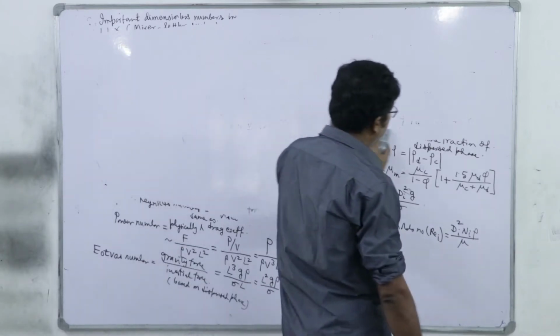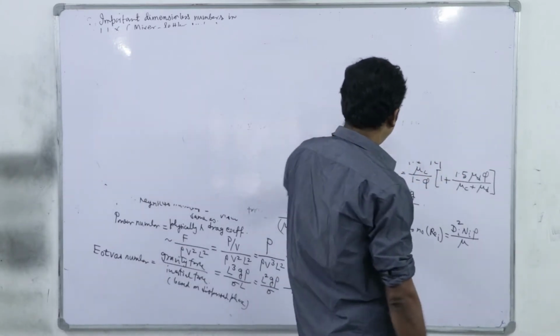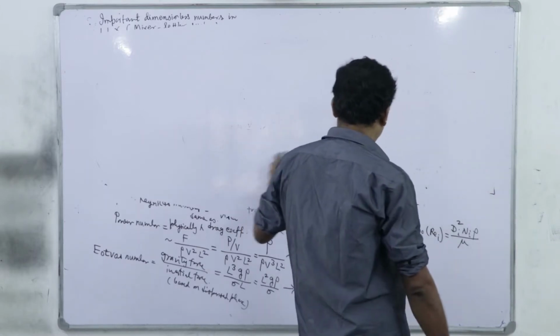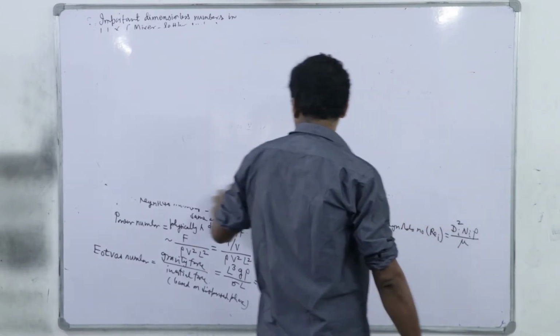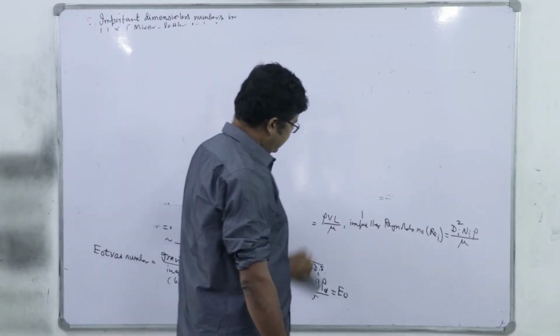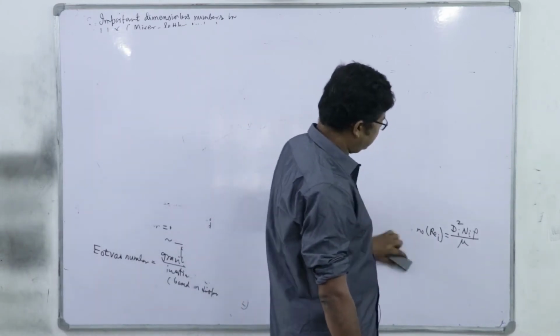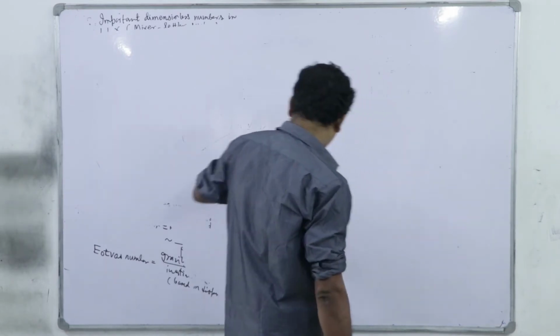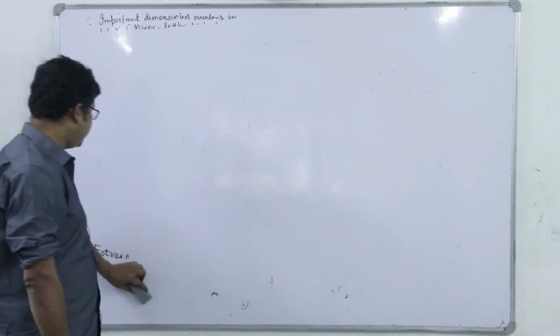So, now we will be focusing on the mass transfer correlations. You see that for the mass transfer coefficient here we have two resistances in series. One is the dispersed phase resistance, another is the continuous phase resistance.